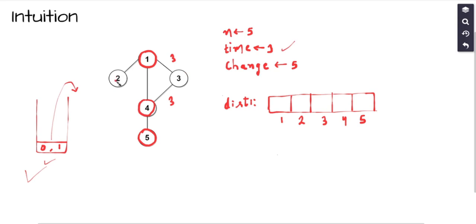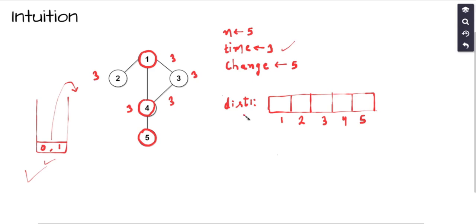For 2, the shortest distance that I get is 3 because I just have to traverse this edge. Similarly for node number 4, the shortest distance is 3. Similarly for node number 3, the shortest distance is 3. And I push these 3 nodes into the priority queue.